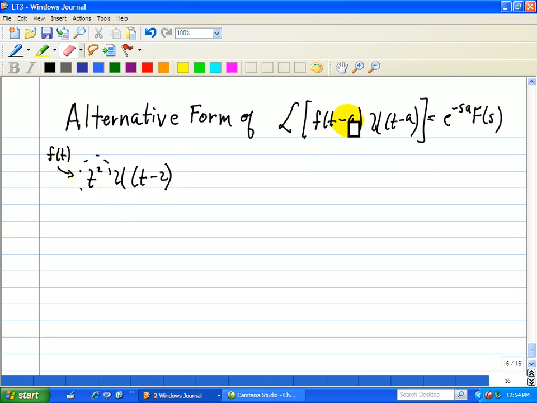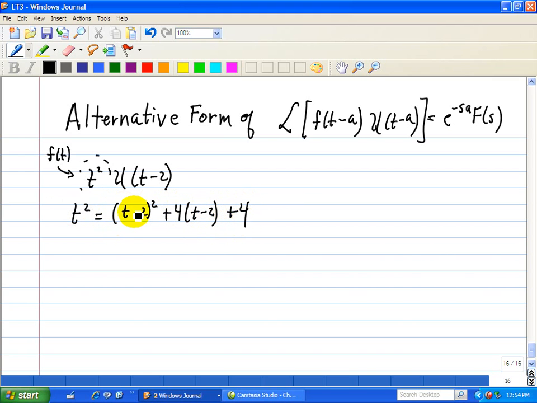After trial and error, it can be shown that our form would be t squared is equal to (t minus 2) squared plus 4(t minus 2) plus 4.